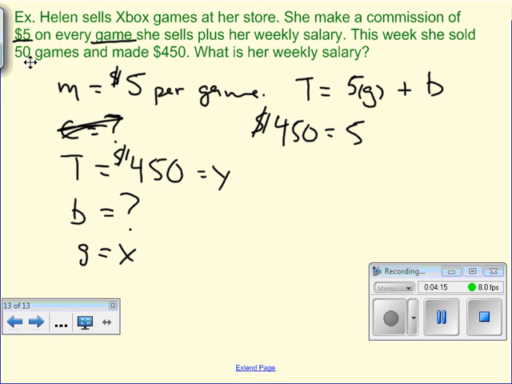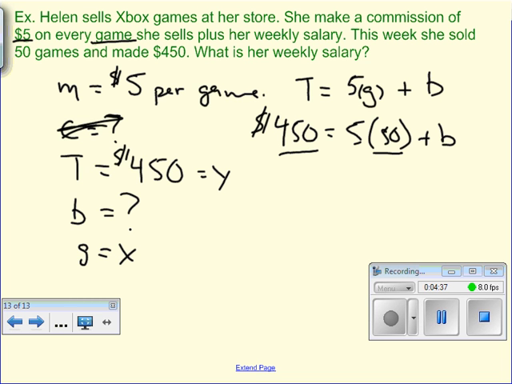That I know right here. So she sold 50 games, so 5 times 50 plus b. Now both these pieces of information, the 50 and the 450, I got right from my problem.